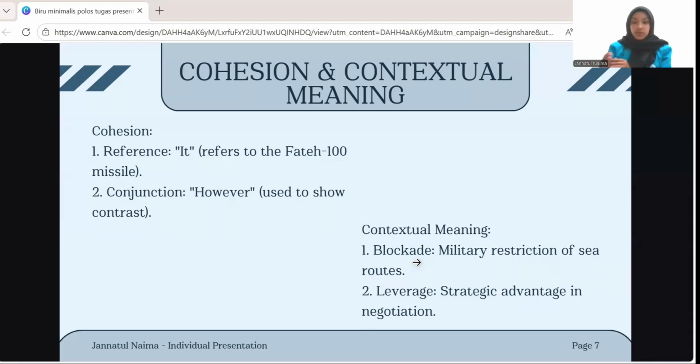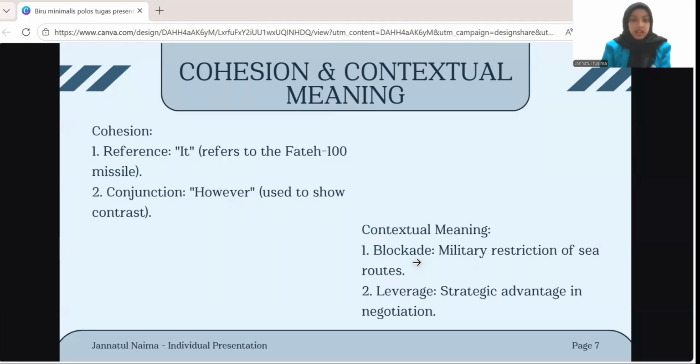Second, regarding contextual meaning, I analyzed the word blockade. In a general dictionary it might mean any barrier, but in the context of this text, it specifically refers to a military restriction of sea routes in the Strait of Hormuz.